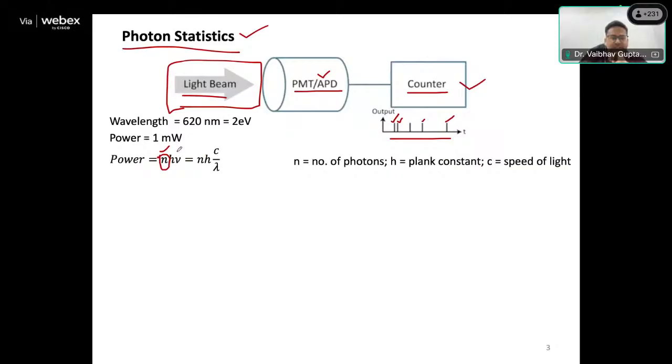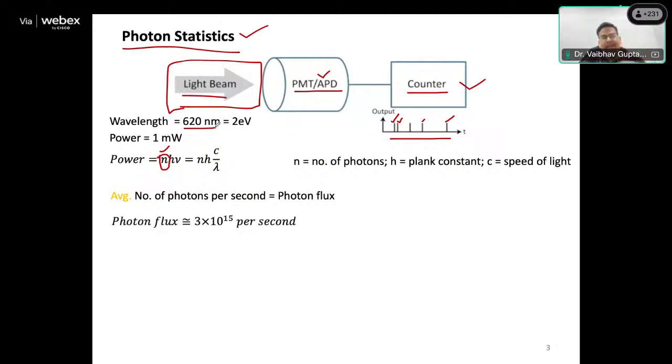So h is a constant, and nu you can write as c by lambda. c is a constant, lambda is given here, right? The power is also given, so we can find out the average number of photons. And this value typically comes out to 10 to the power 15 for these numbers. So this is, let's say, a 620 nanometer red color laser.